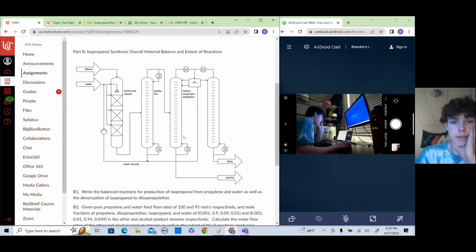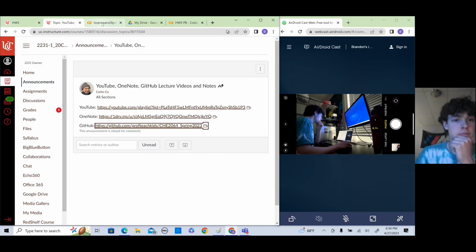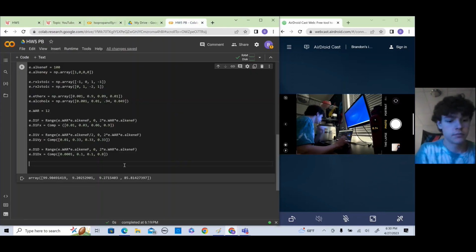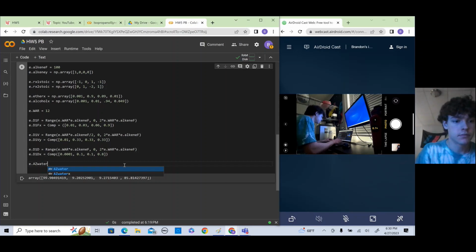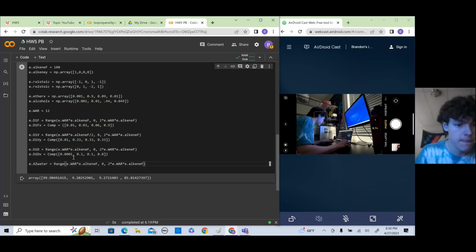Now we just need what's going out of our AZ. So that will be our AZ water, our ether, and our alcohol. So E dot AZ water will be equal to, say the same thing here.